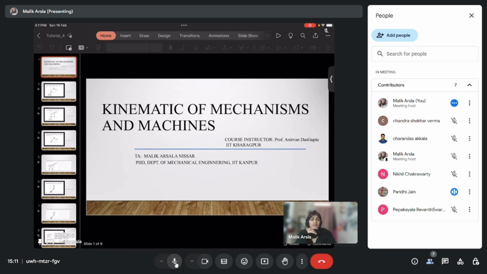And there were also some three chain kind of RPR mechanisms. For that also we have solved the inverse and forward problems. Basically, formulas were derived in that.